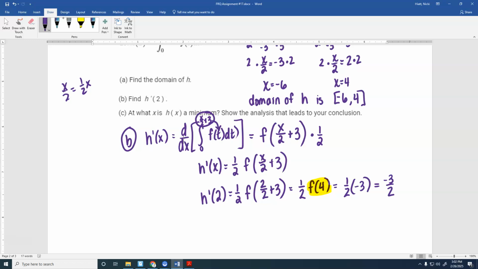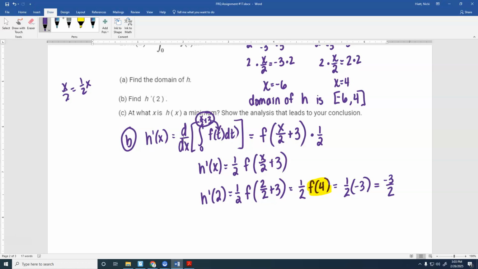So I think on that second FRQ on the test, most of you got 2 out of the 3 points. I'm not saying pretty badly, but I don't think anybody got the absolute minimum for that. Absolute minimum is the lowest point on the whole graph, and it can be at the endpoints.